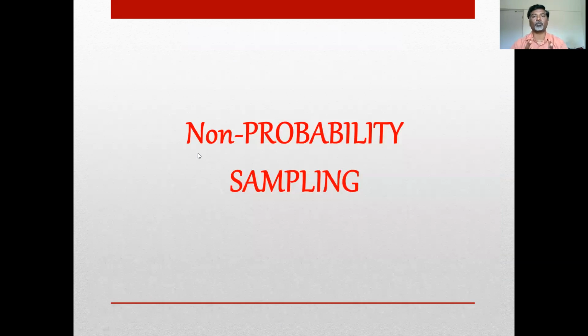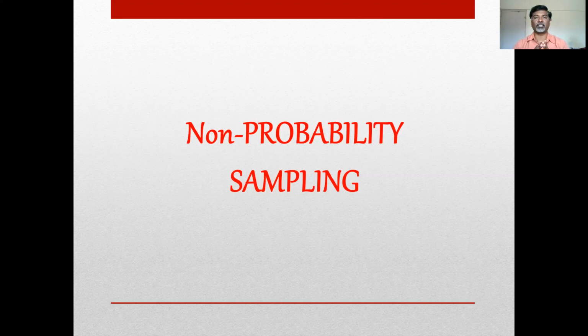Now, the second method is the non-probability sampling method. In this sampling method, the members of the population don't have an equal probability of being selected, as is the case in probability sampling. The researcher selects the sample as per his convenience, his experience, his need.